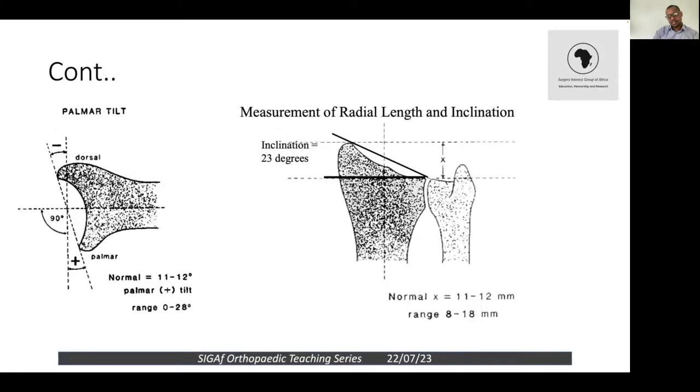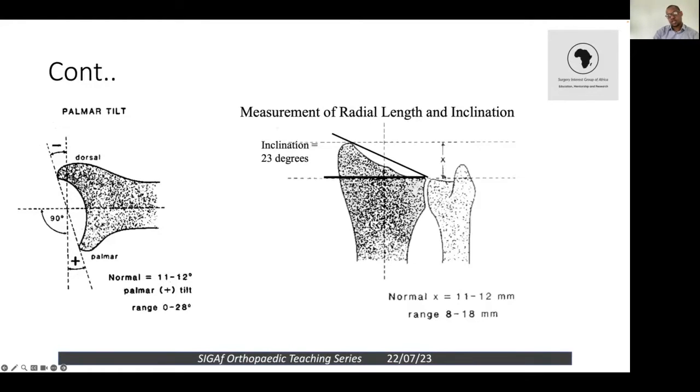What I mean by that is there are about 3 aspects that we try to look at. We try to measure what we call the radial height, which is the distance from the tip of the radial styloid to the bottom of the radius, just as it joins the distal radial ulnar joint.